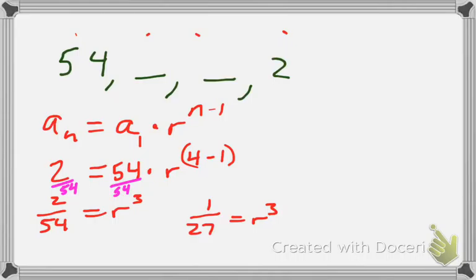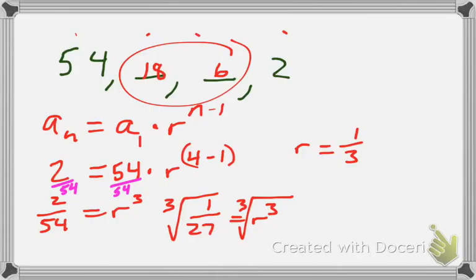Now I need to know what cubed is 1/27. If you don't know that in your head, you can take the cube root of both sides. The cube root of 1/27 gives you 1/3. So my common ratio here is 1/3. So I'm going to be multiplying by 1/3, getting 18 and 6.